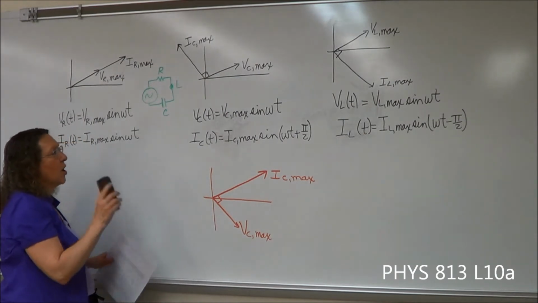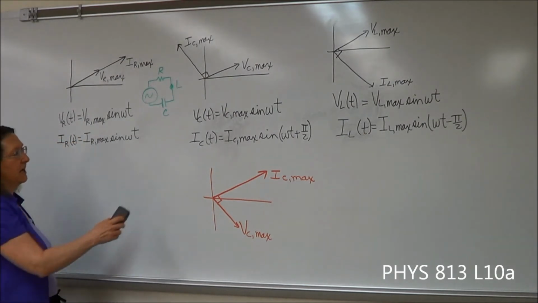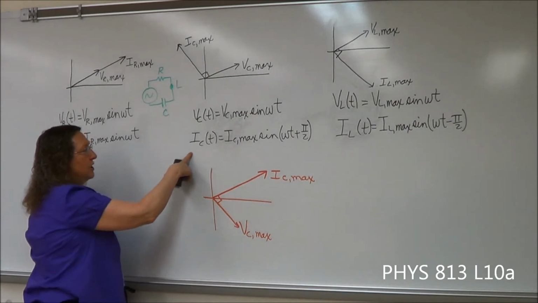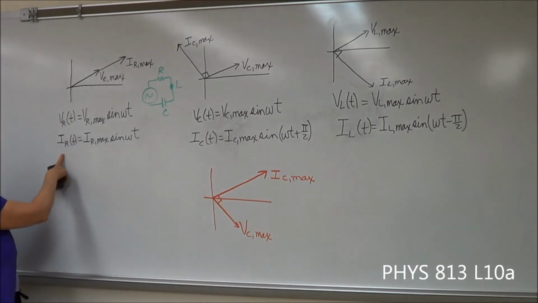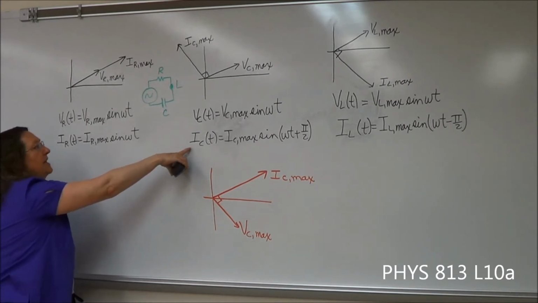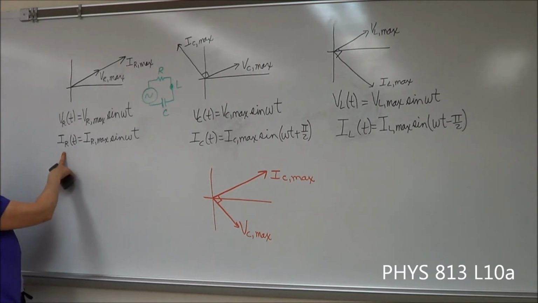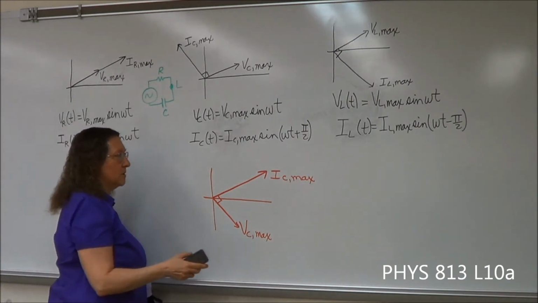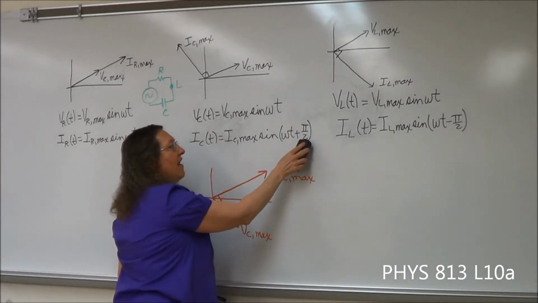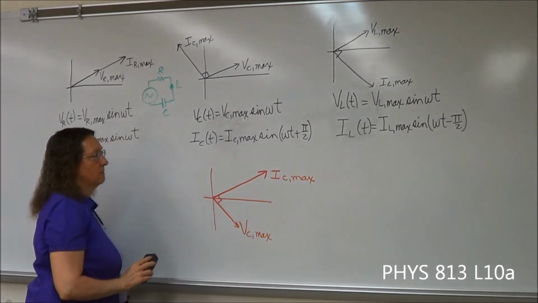Okay, so what we need is the current for the capacitor needs to be the same as the current for the resistor. So what we need to do is to not have this pi over 2 here.